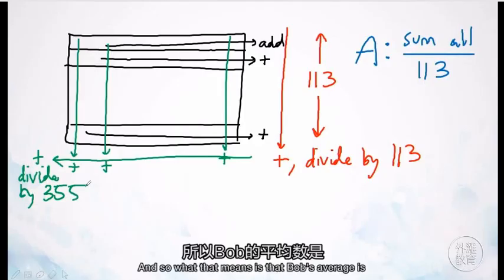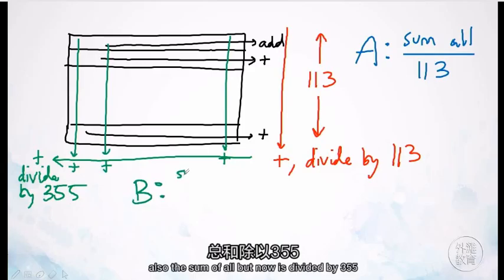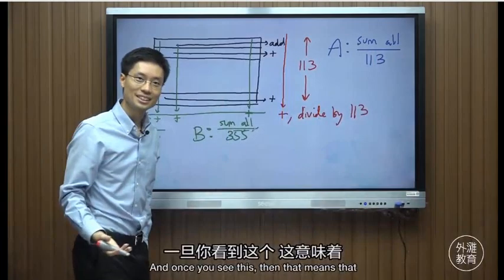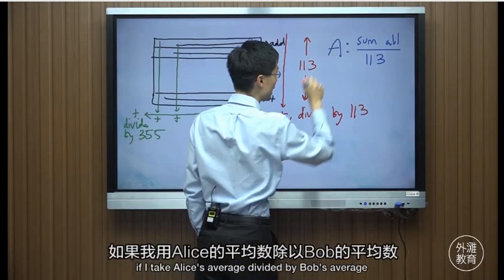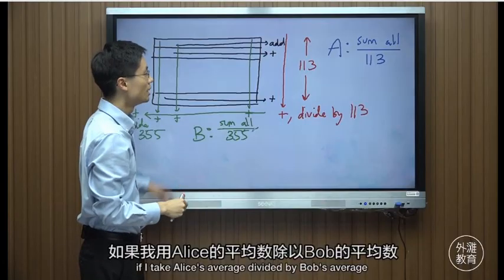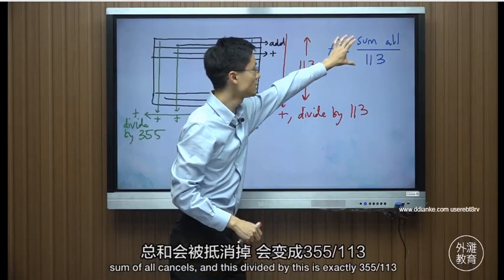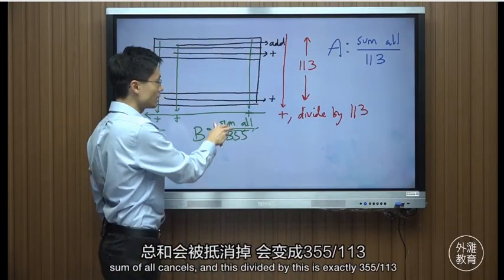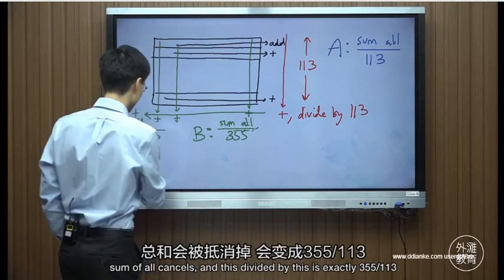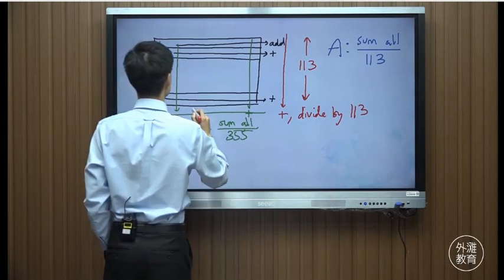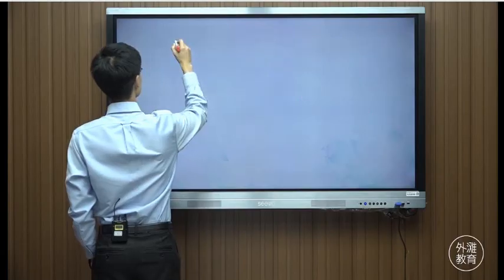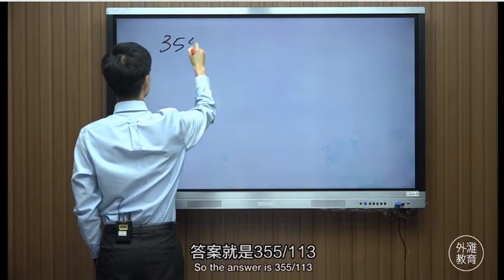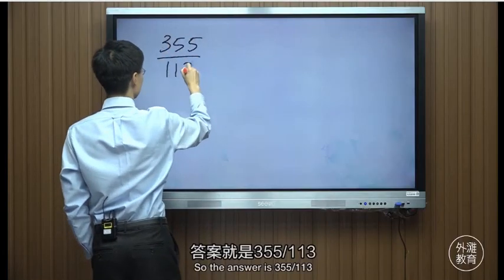And so Bob's average is also the sum of all, but now divided by 355. And once you see this, if I take Alice's average divided by Bob's average, the sum of all cancels, and this divided by this is exactly 355 over 113. So the answer is 355 over 113.